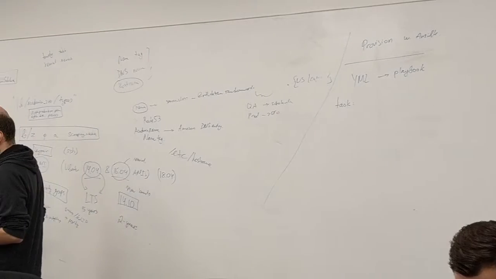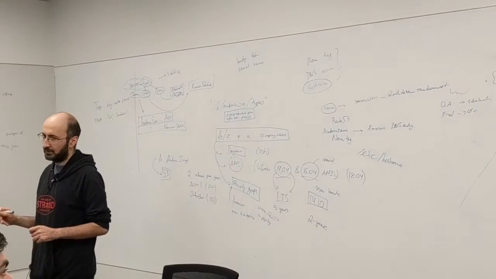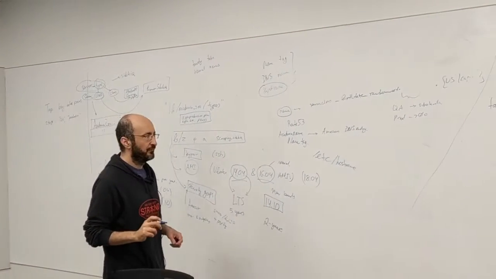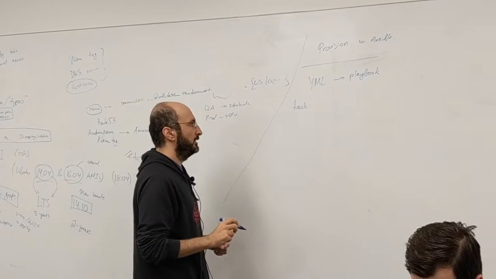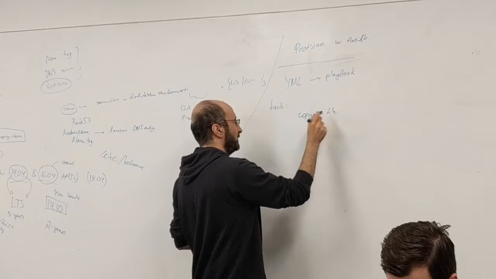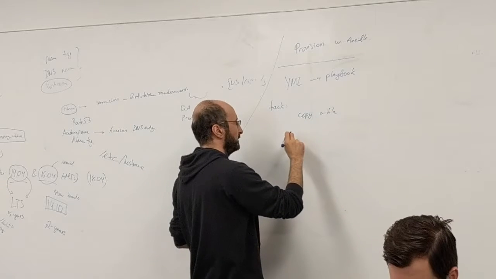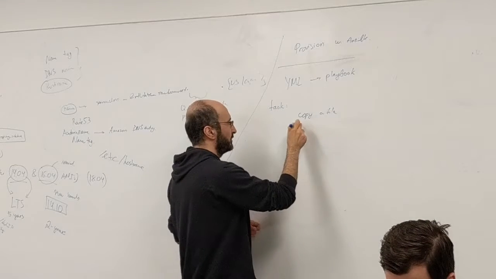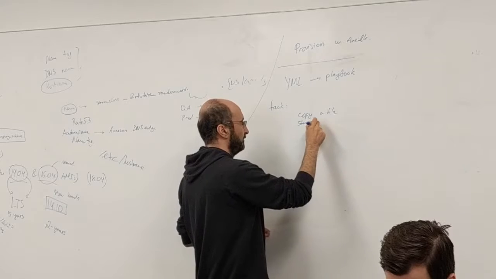A unit of work in Ansible is called a task. So for example, a task might be something like copy a file, or I don't know, start a process or something like that.